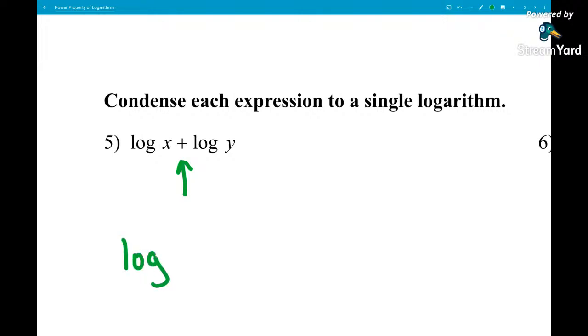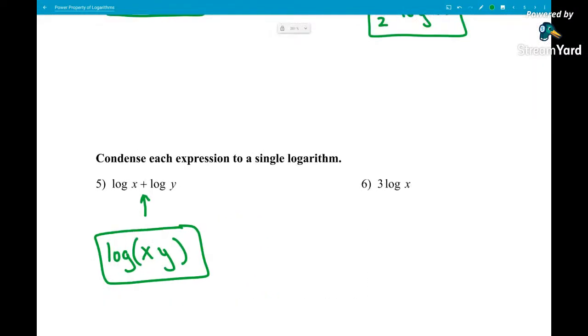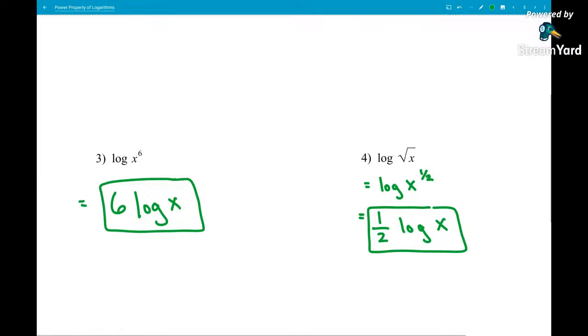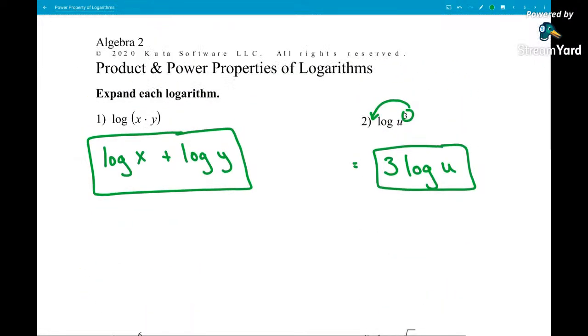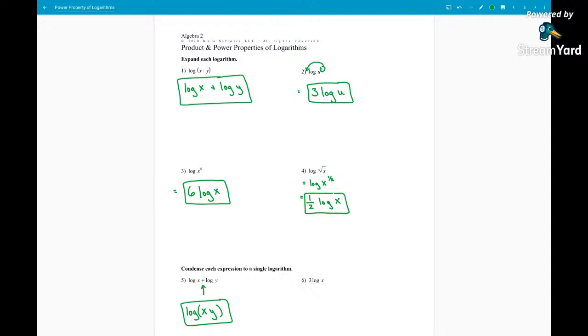And I know if 2 logarithms are separated by addition, they can condense to a product, x times y. Done. Literally, I'm working backwards of number 1. Look at this. Number 1 and 5 are just reversed.